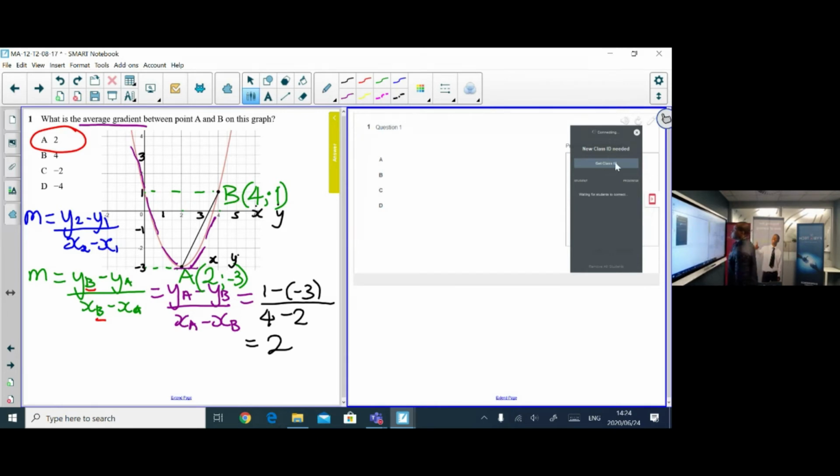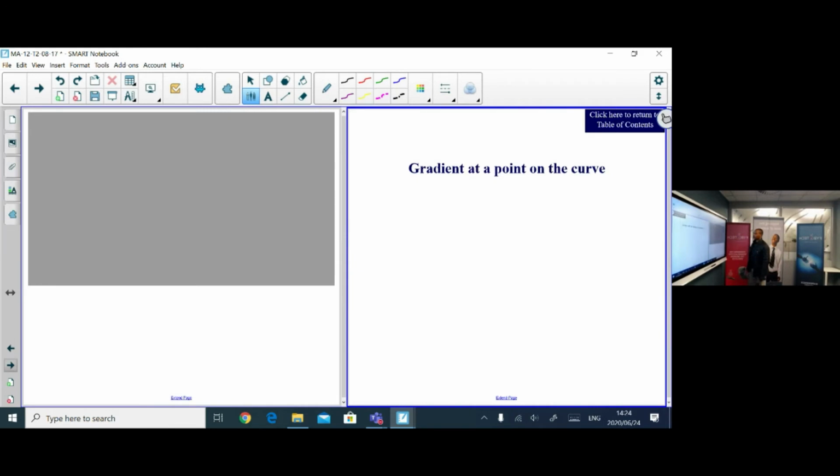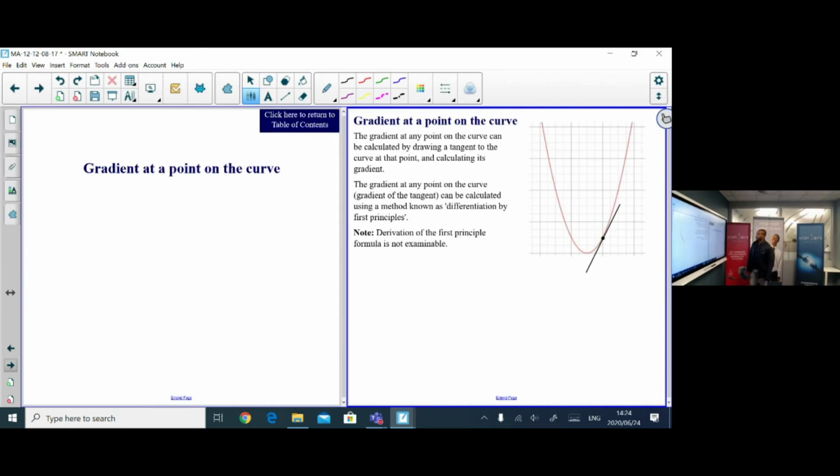So all things being fine, we would want to check another scenario. Let's look at the gradient at a point on the curve. The gradient at a point on a curve can be calculated by drawing a tangent. A tangent is simply this line that we've been drawing.